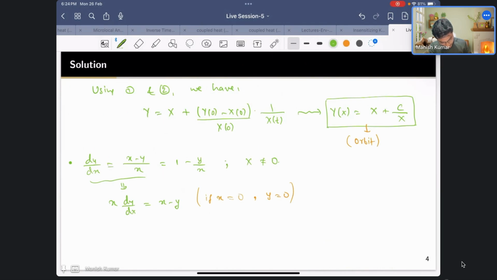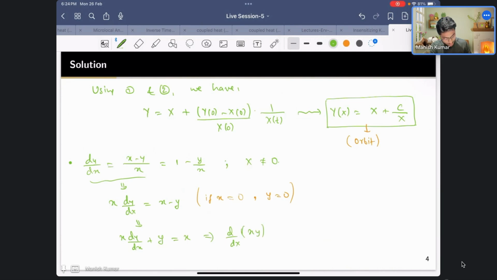Now from here you can take y to the left side, so x dy by dx plus y equal to x. Then you can solve this. You can rewrite this as d by dx of x times y.